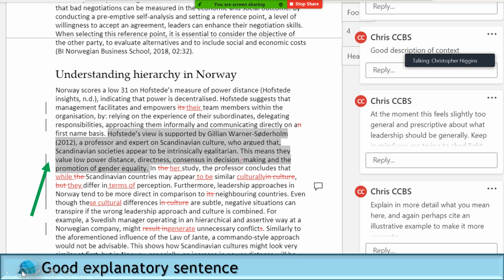Again, some teams might leave it there, but they don't. They say this means they value low power distance, directness, consensus in decision making, and the promotion of gender equality. Excellent. It explains it, it clarifies, it sums up.